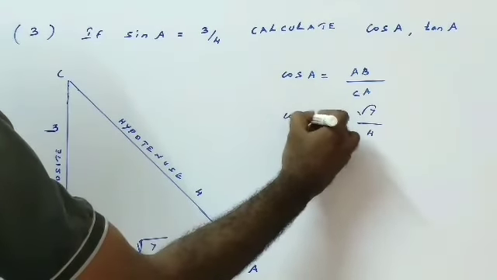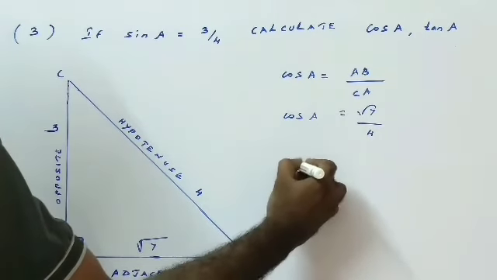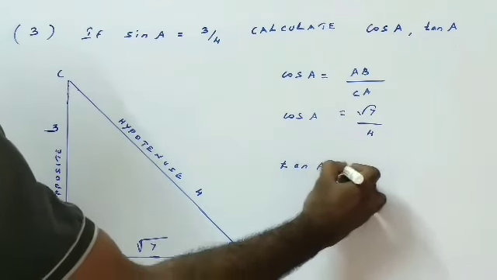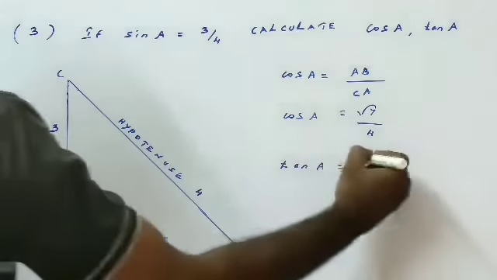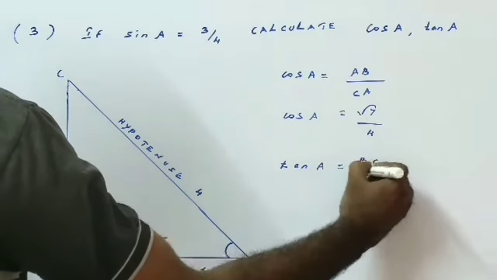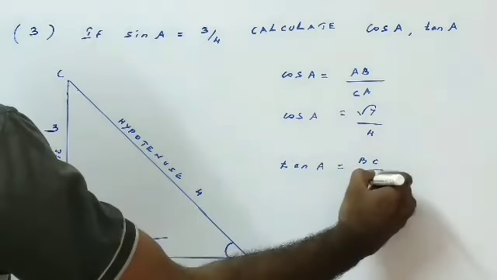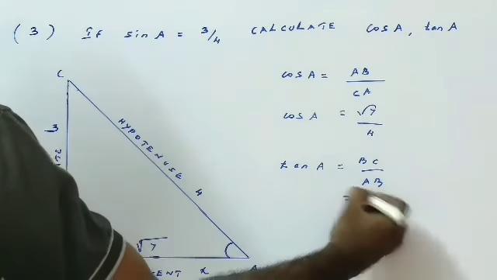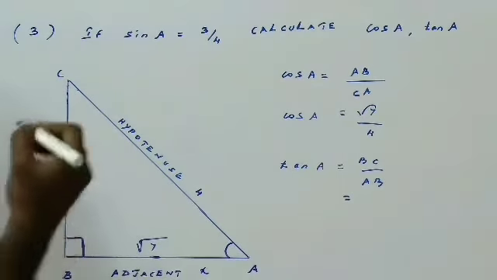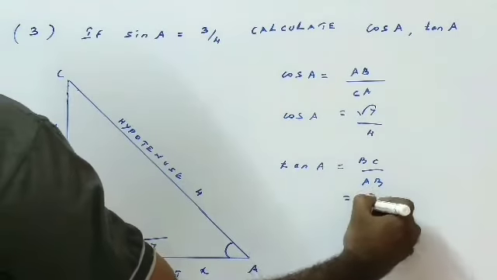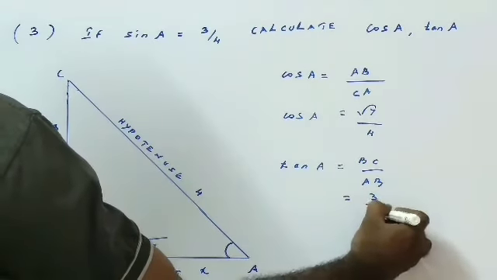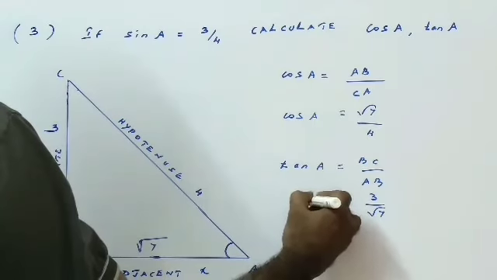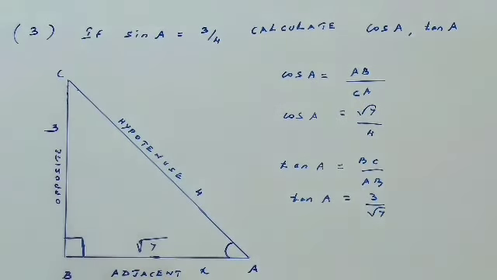This is the value of cos A. Then tan A. We know that tan theta equals opposite side by adjacent side. Here the opposite side is BC and the adjacent side is AB. So put 3 for BC and root 7 for AB. So the value of tan A is 3 by root 7.